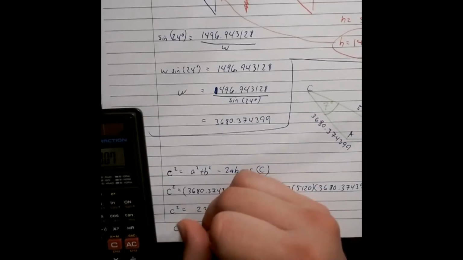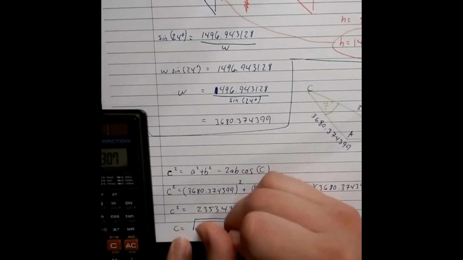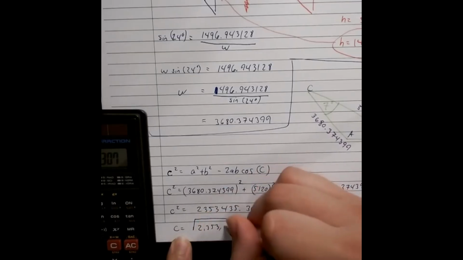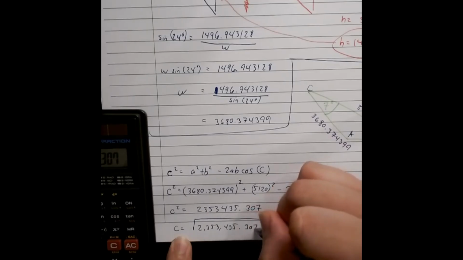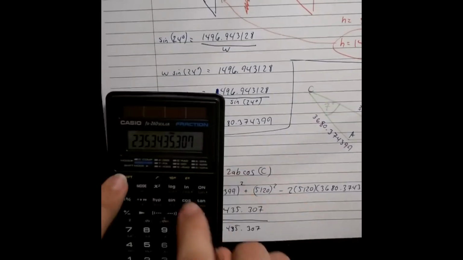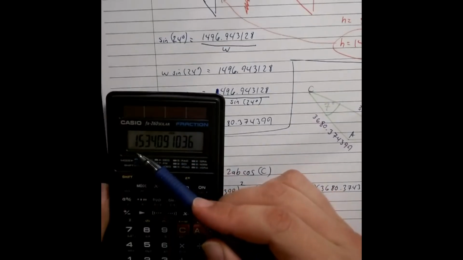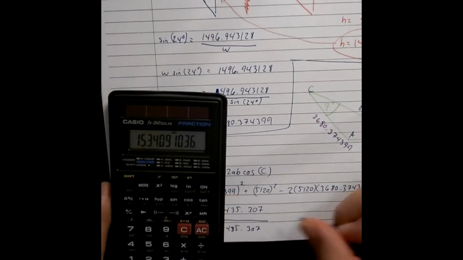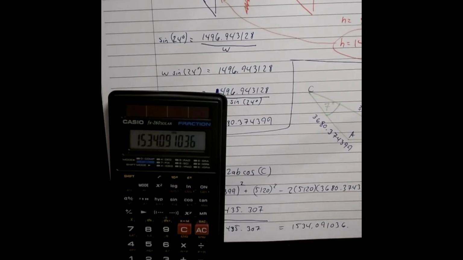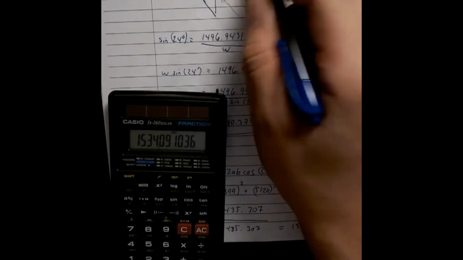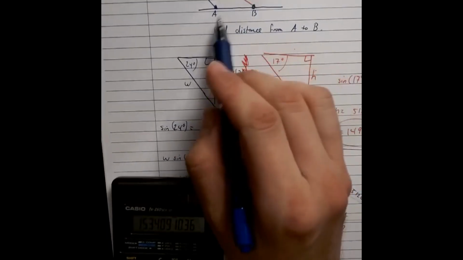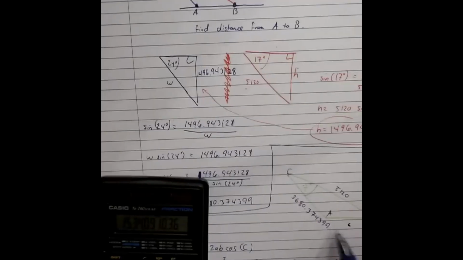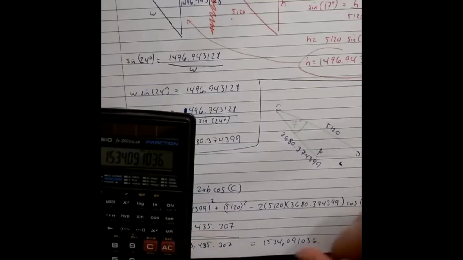So here that gives us that C is equal to the square root of that very large number, which, if I take the square root of that, will give me 1,534.091036. And that is our answer now. That is our value of the distance between A and B, the value of C here. So that is our answer.